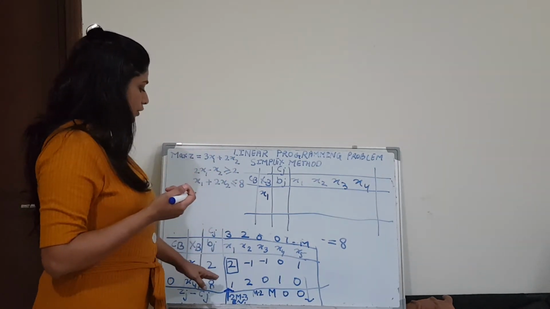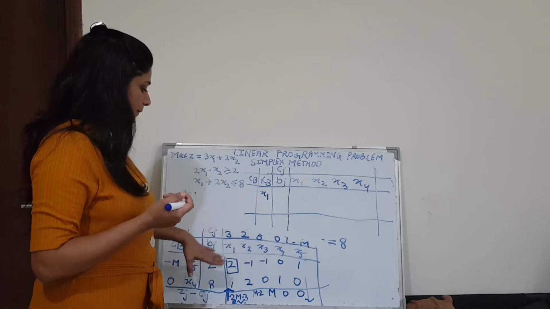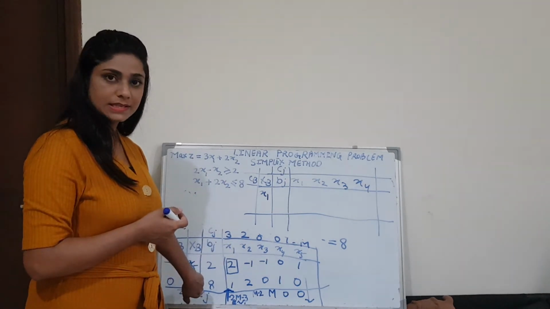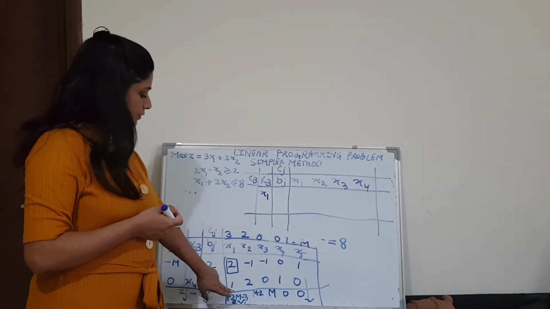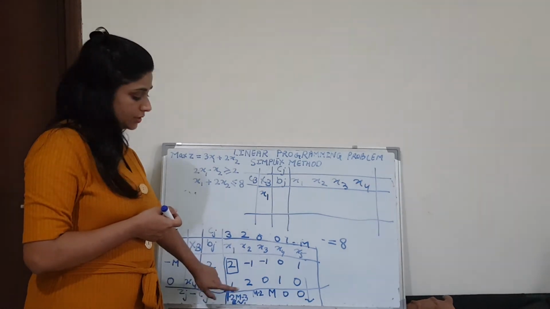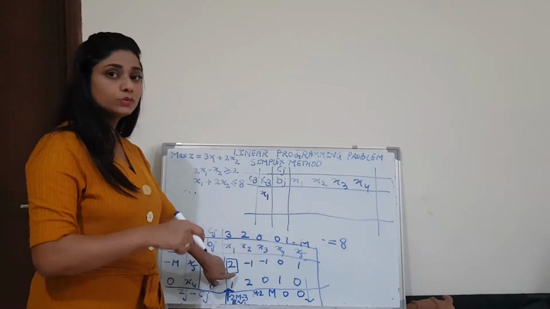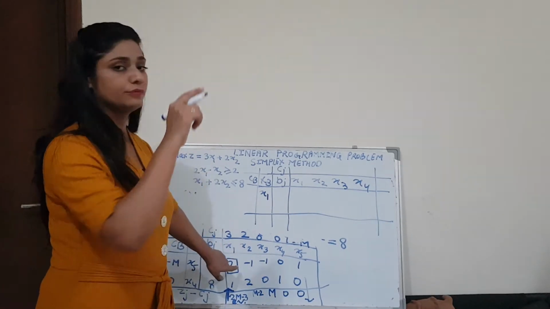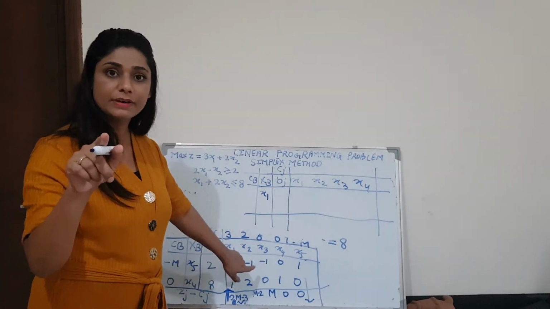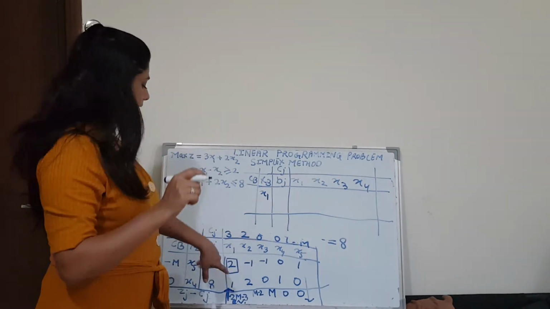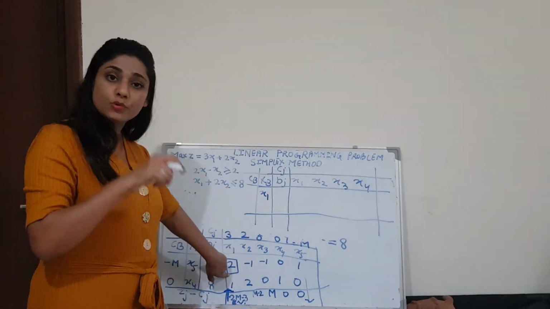First we make the simplex table. We calculated Zj minus Cj, then the most negative element is the entering vector. We get the most negative element from the first column. Then we find the outgoing vector. The outgoing vector formula is minimum Bj upon entering vector. Then we get the minimum value from here. So this is the outgoing vector.